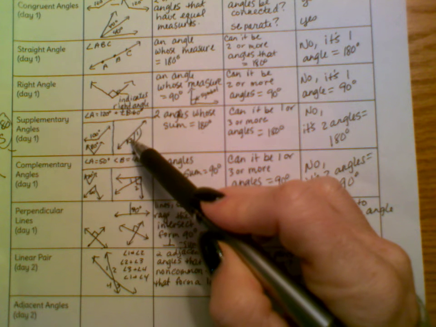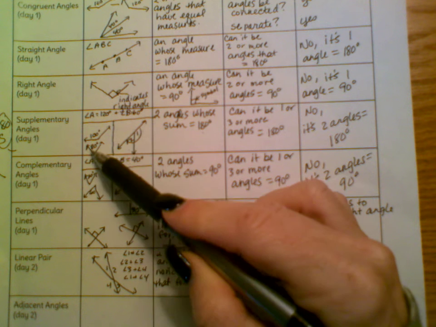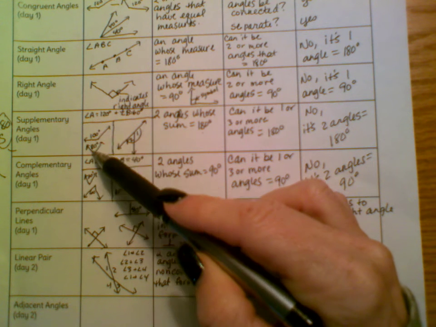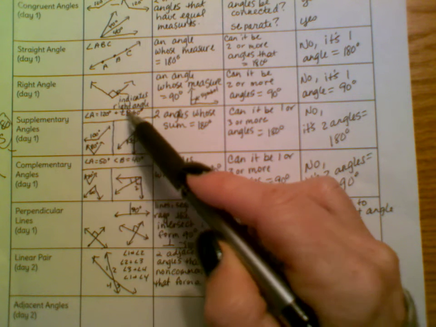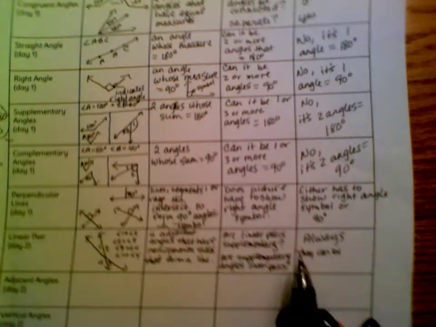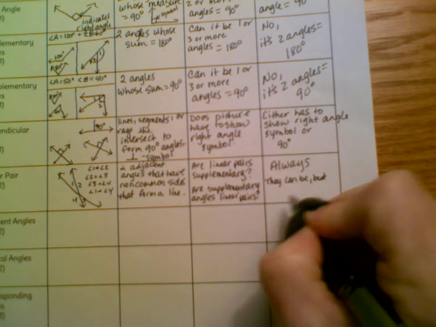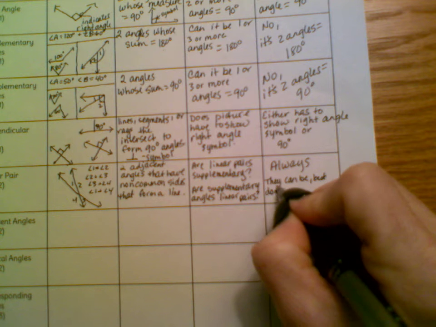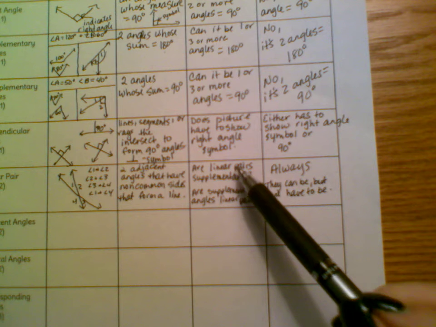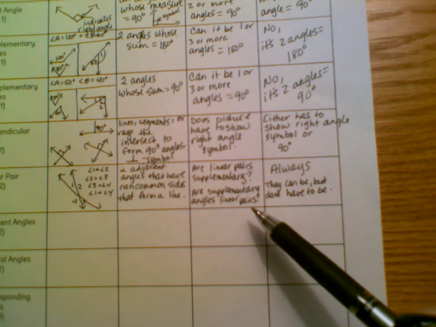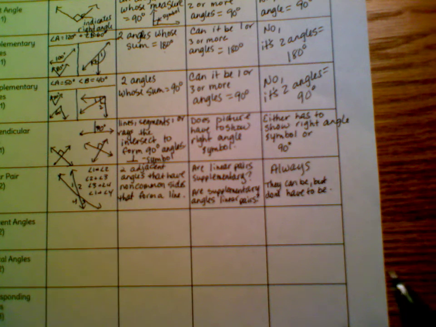They're two angles whose non-common sides, this side and this side, make a straight line. But not here. These two don't even have a common side, so there's no non-common side. These aren't even pictures of angles. So they can be, but they don't have to be. So linear pairs are always supplementary. Supplementary angles are sometimes a linear pair.